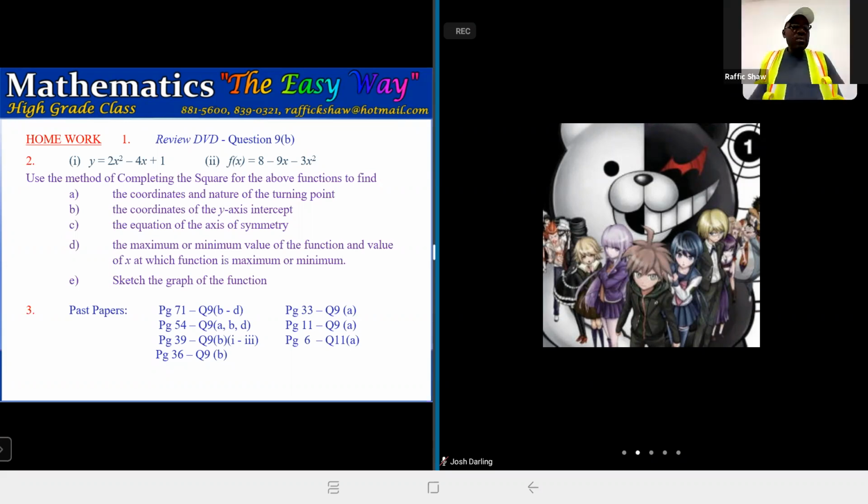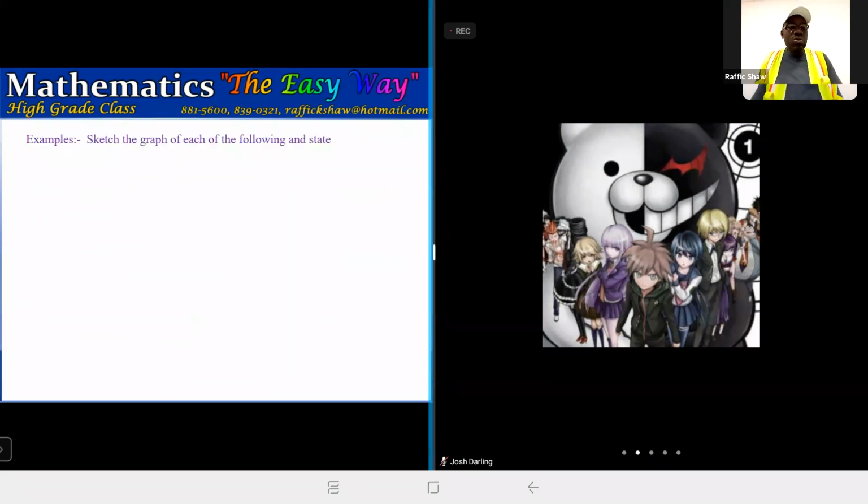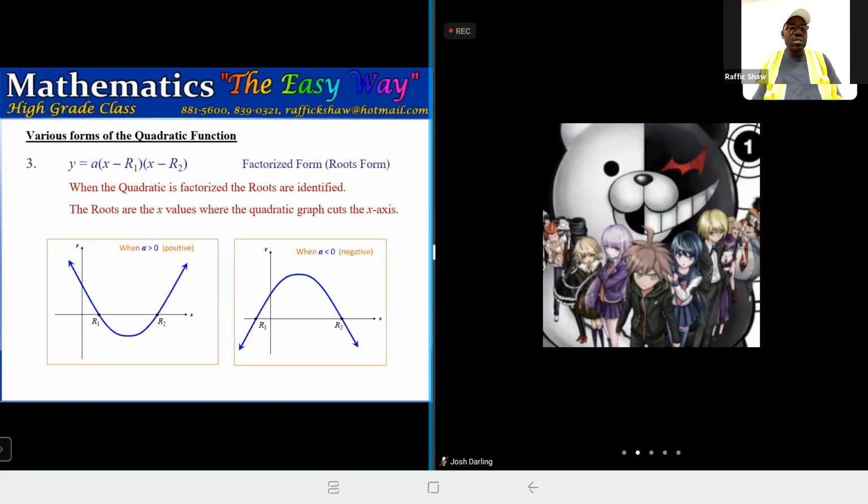So if you look at the screen, where we see homework, I'm just going to start there. I know there was one more question that we wanted to do yesterday. Where is it? Let's see.